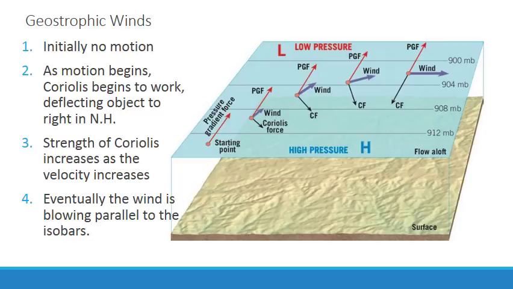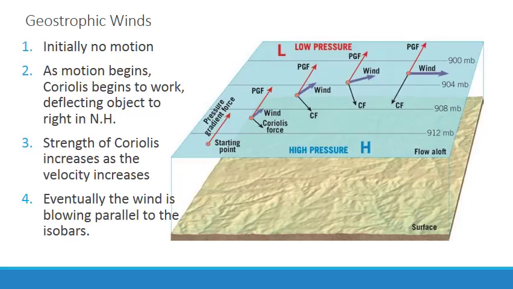So it's important to note that the geostrophic wind is an idealized model that really only approximates the actual behavior of airflow aloft. Under normal conditions, isobars are rarely straight and seldom are they uniformly spaced. So the winds are never purely geostrophic.